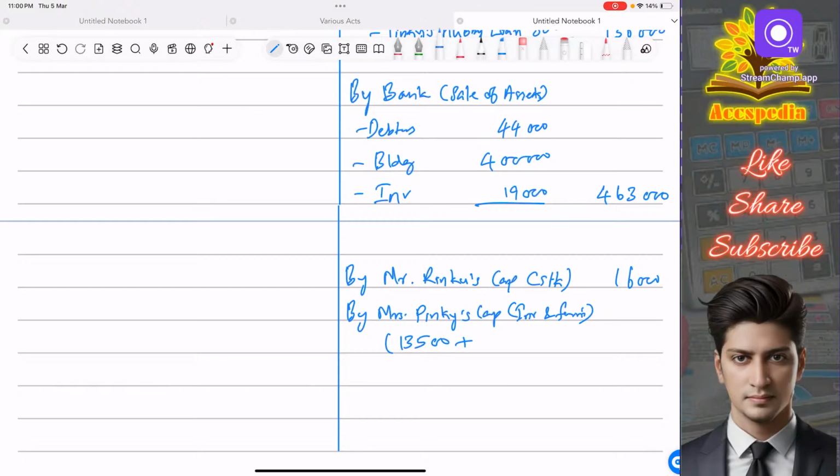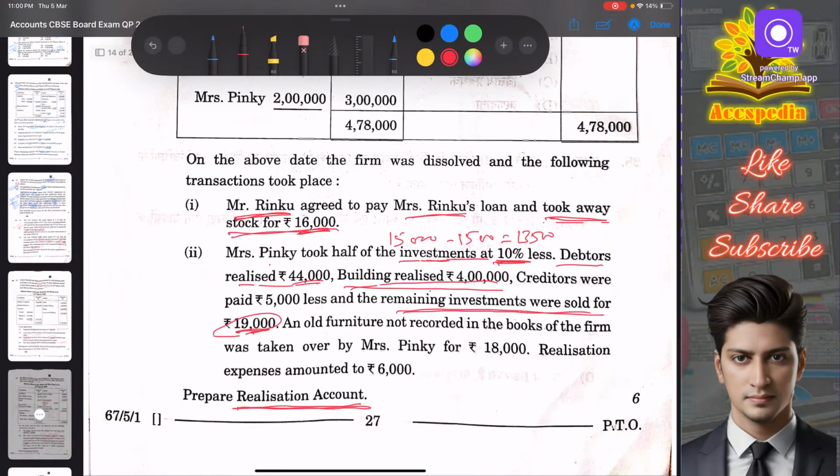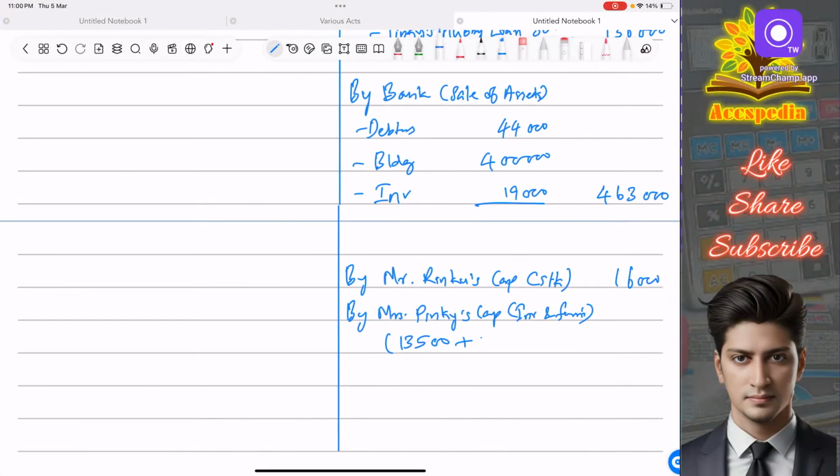Plus she also took over that unrecorded old furniture not recorded in the books for 18,000. So add them, 31,500. So that is the journal entry, the entry for asset taken over by Pinky.